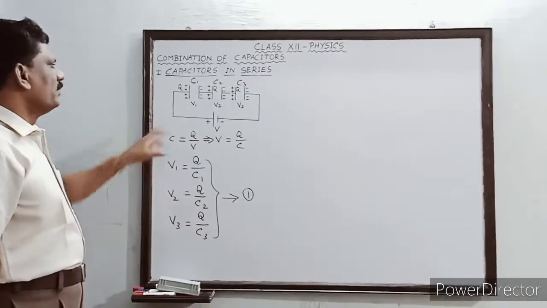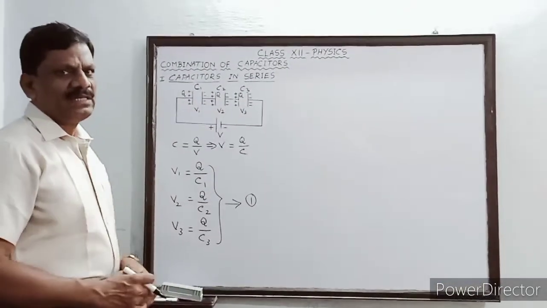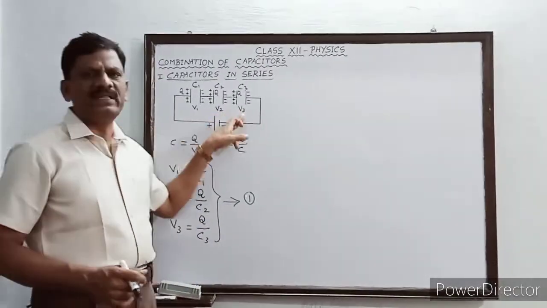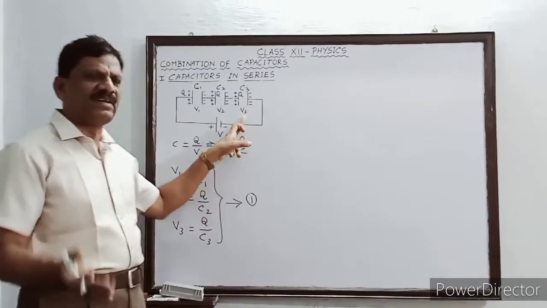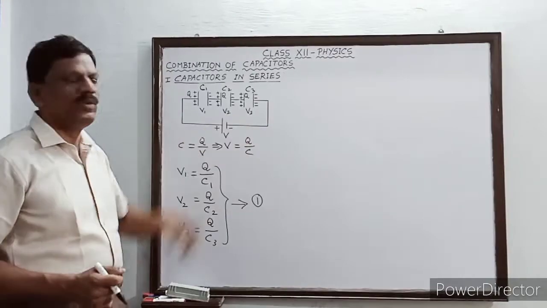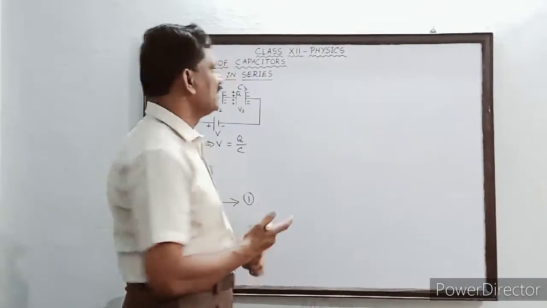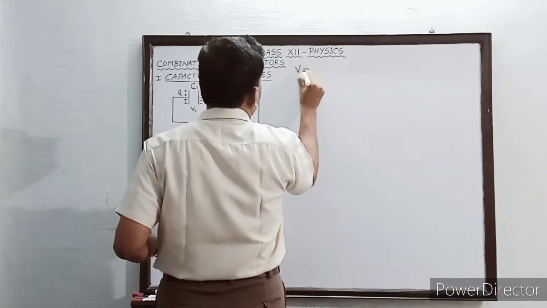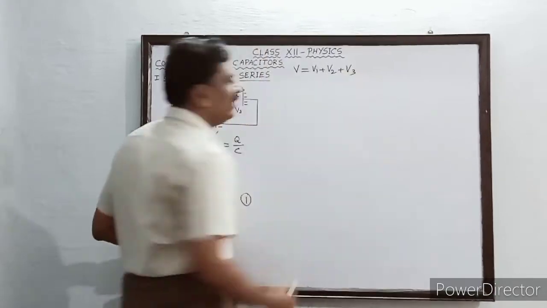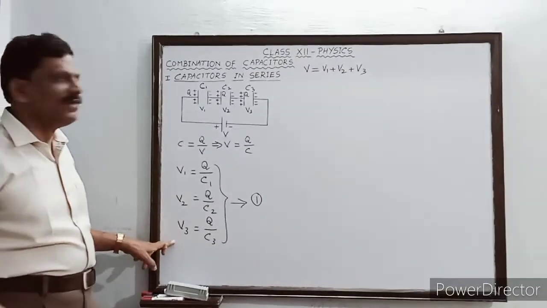Okay. But what is the potential difference across each capacitor in series combination? They cannot be the same. They will be different. So I have taken V1, V2 and V3 respectively as the potential differences across C1, C2 and C3. If you add V1, V2 and V3, that must be equal to the net or applied potential difference. Therefore, V is equal to V1 plus V2 plus V3. Okay, I will substitute for V1, V2 and V3.